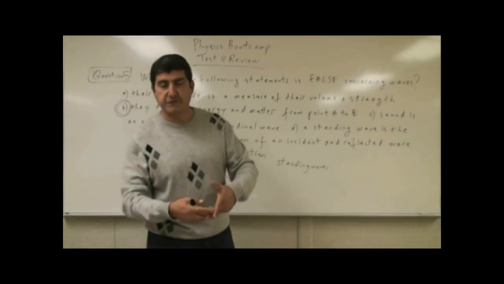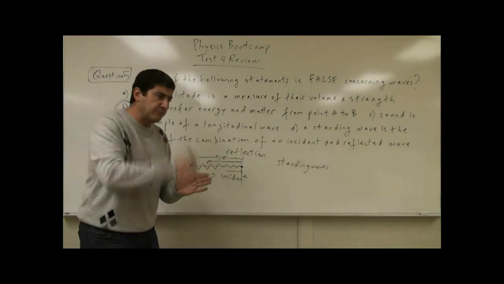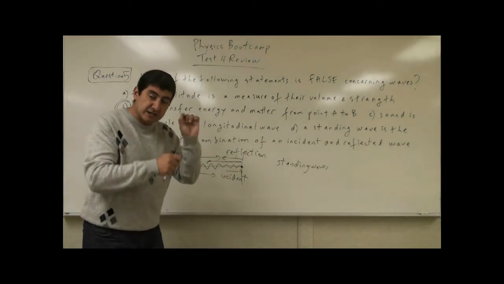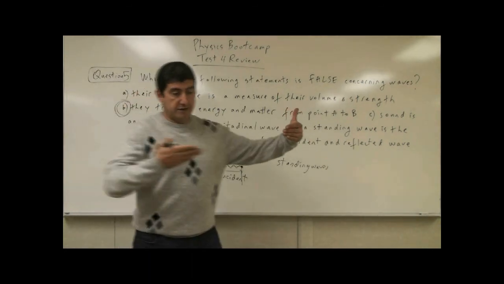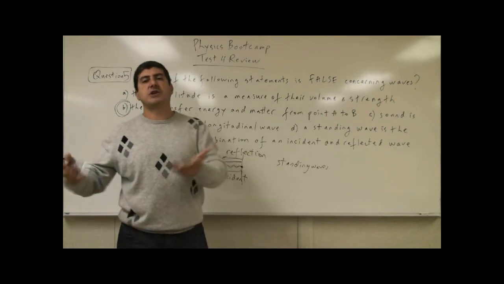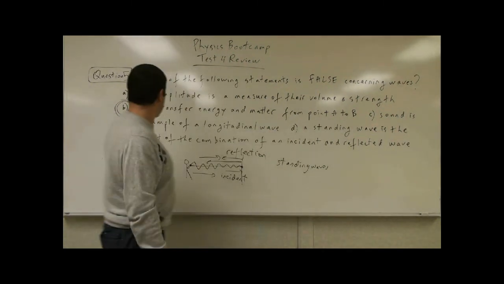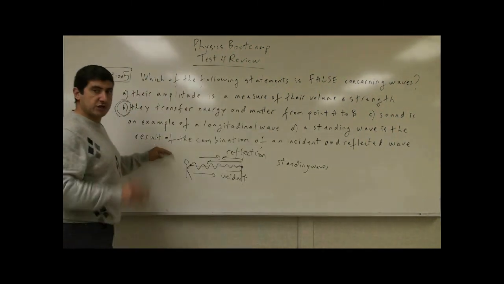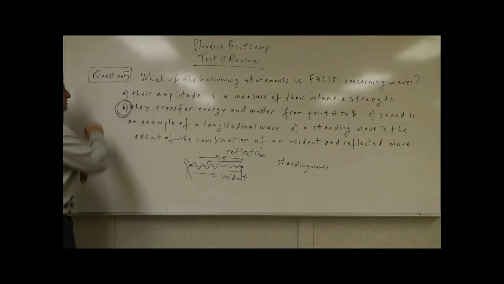Your fundamental frequency, second harmonic, third harmonic, and so on. So if you vibrate the string with a certain specific frequency, then the forward wave and the back wave will enhance each other and will create nice harmonics, okay? So definitely it is true, a standing wave is the result of the combination of incident and reflected waves. So B is the false statement, okay?